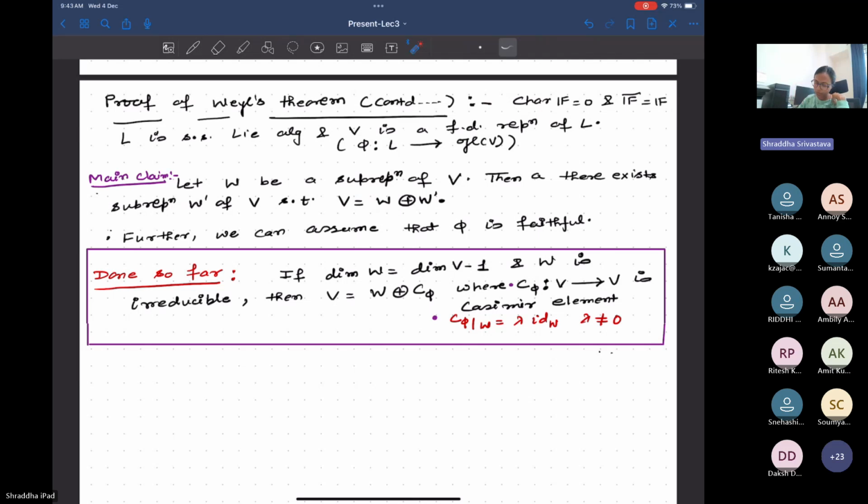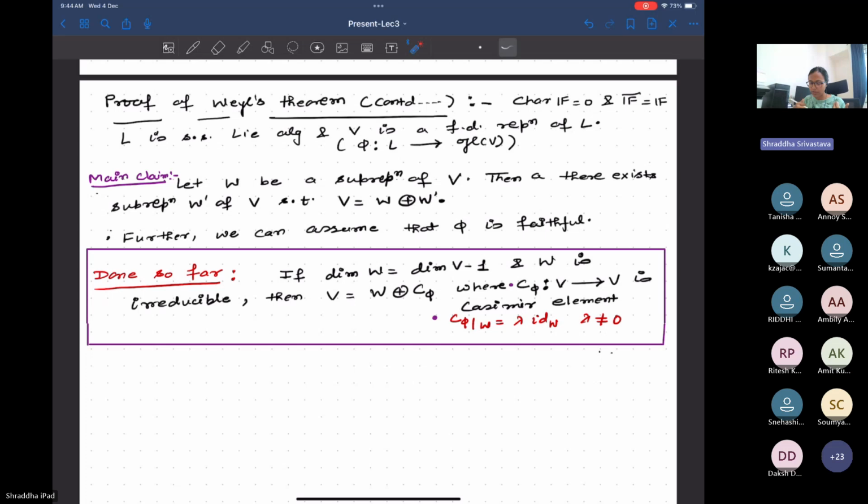Before that, we also said you can actually assume that your phi is faithful, where phi is a map defining the action of L on V. And so last lecture, we have to find a complement, right? So let us start where the complement is small. Since it is proper, the smallest thing is one dimension. The complement should be one dimensional.